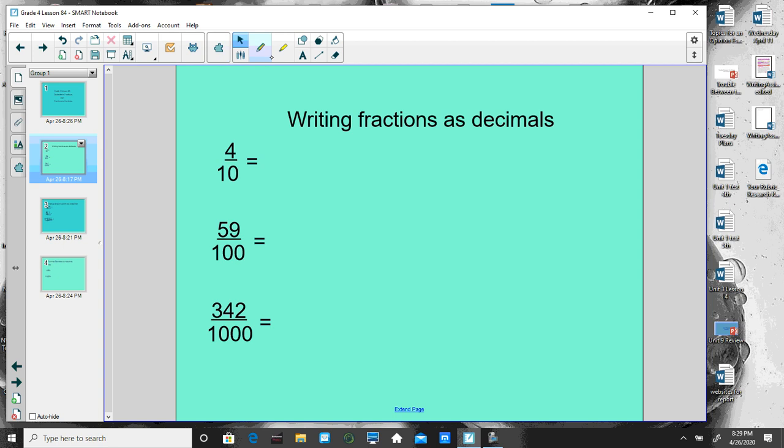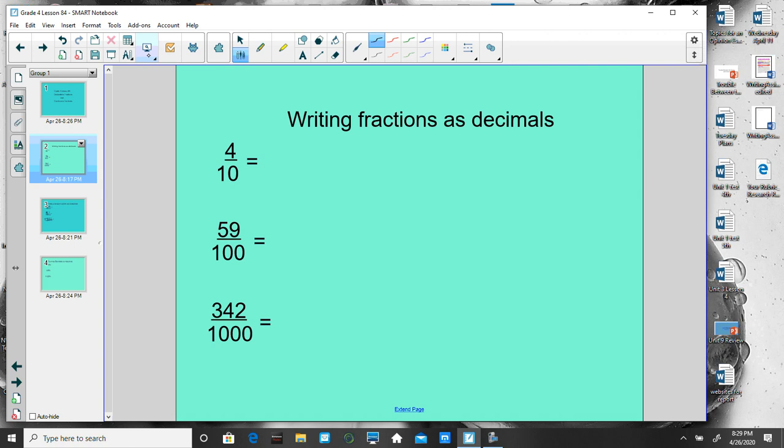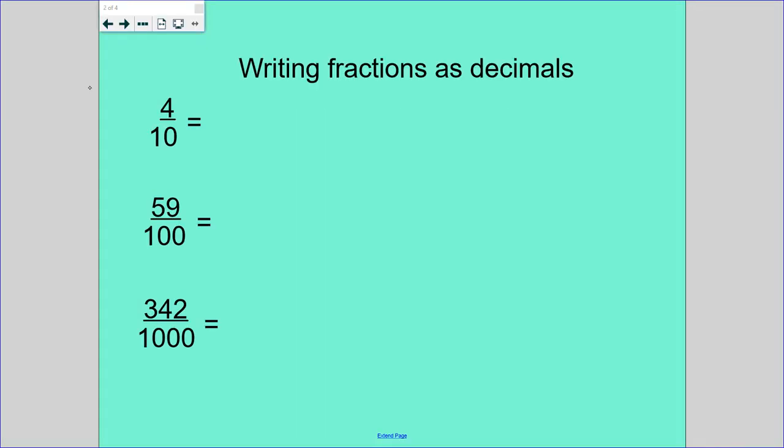So when we look at this, we have 4/10. And to know how many numbers are in the decimal, when you look at your fraction, you look at how many zeros there are. Here there's 1 zero, so I'm going to have my decimal point and one number after it.